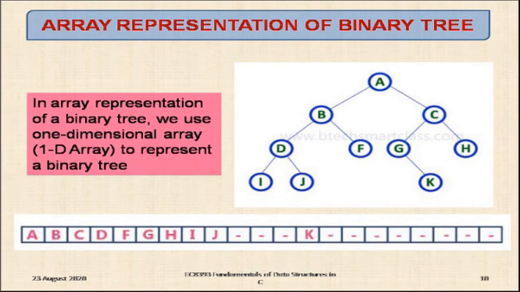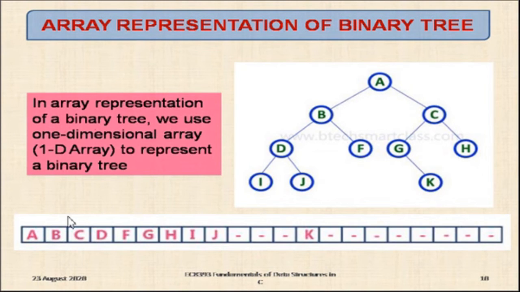Fine. Now let us look at how a binary tree is represented using an array, that too using a one-dimensional array. So this is a tree. Here we have various levels, level 0, 1, 2, and so on. Right. How to store the elements of the tree in a single one-dimensional array?